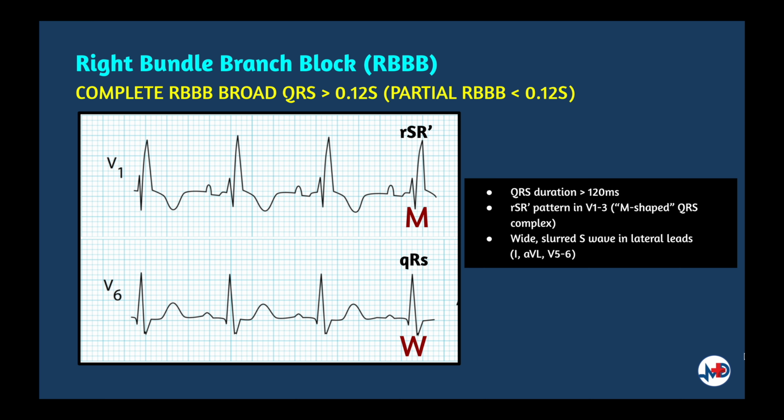In other words, you'll be able to see an M pattern in lead V1 and W pattern in lead V6. And that's called the MarroW pattern, where you begin with M and you end with W. Causes of right bundle branch block include ischemic heart disease, right ventricular hypertrophy or cor pulmonale, pulmonary embolism, congenital heart diseases like ASD, and a normal variant which is seen in young individuals.